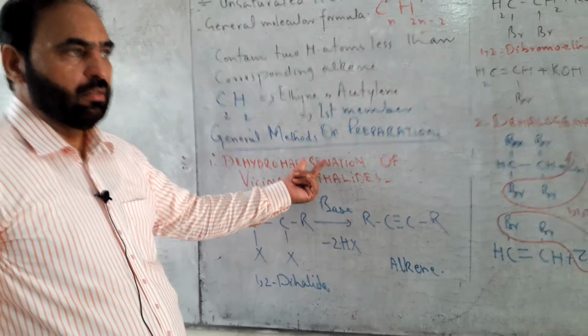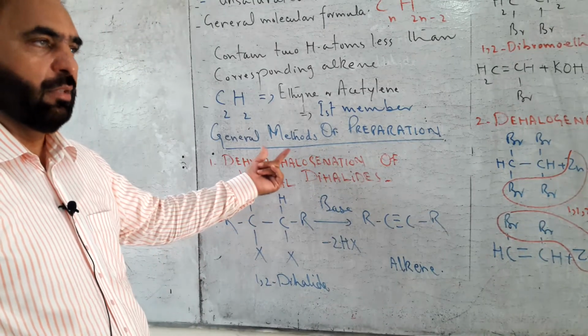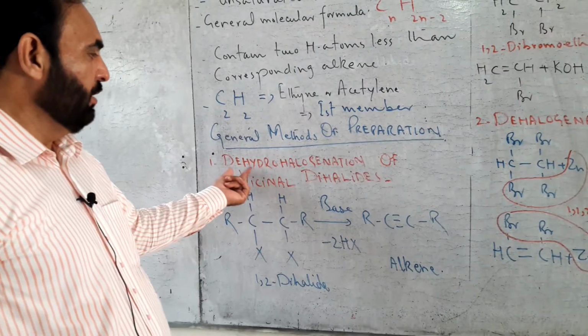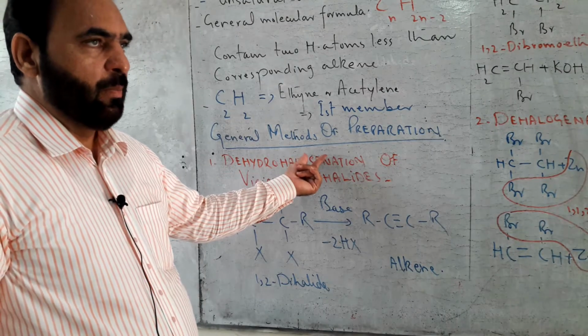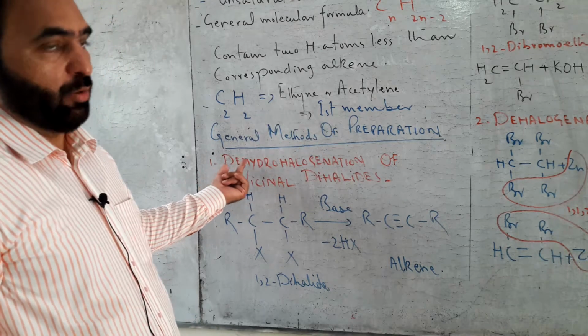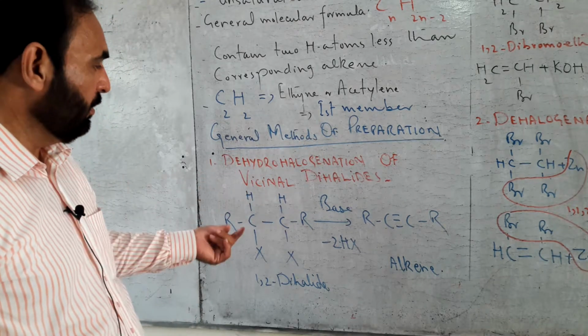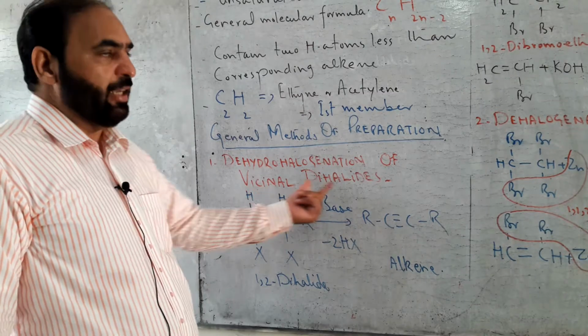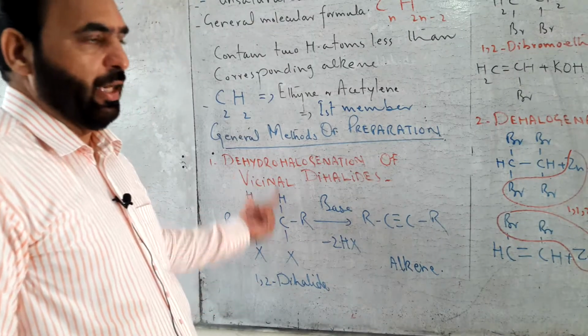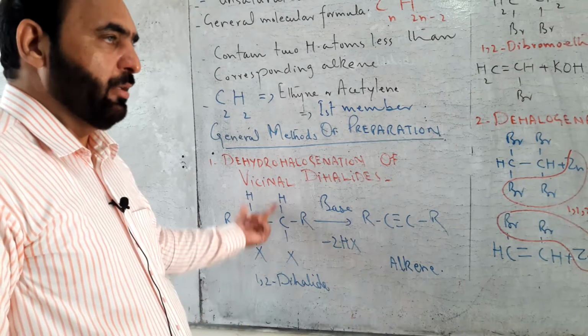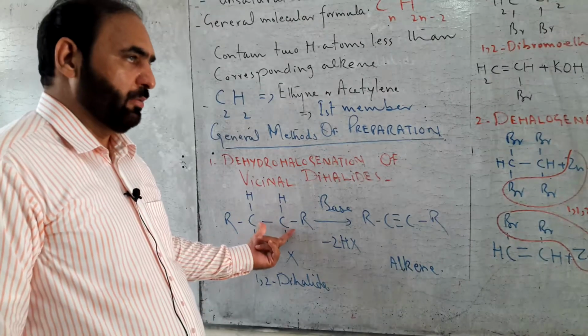Dehydrohalogenation, as we have defined earlier, is the removal of or elimination of halogen atom together with hydrogen atom from the adjacent carbon. And a vicinal dihalide is a molecule in which 2 halogen atoms are bonded to adjacent carbon atoms each.